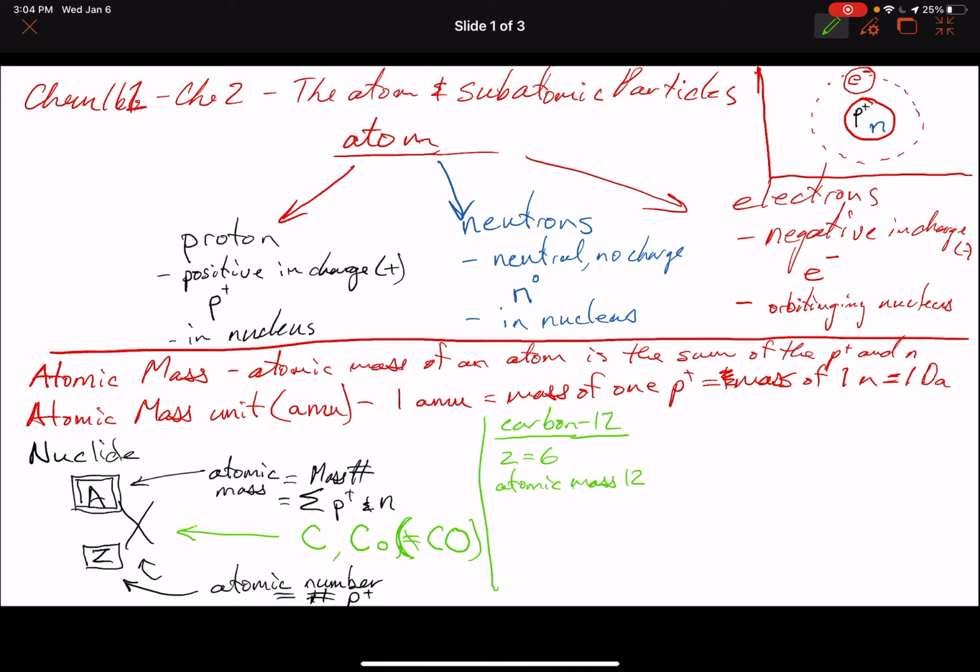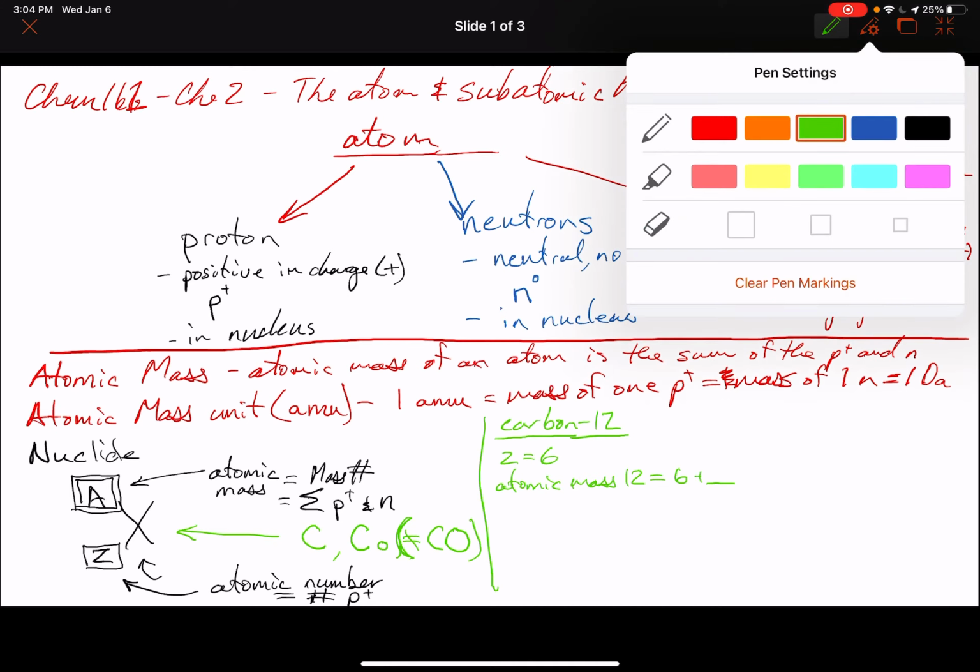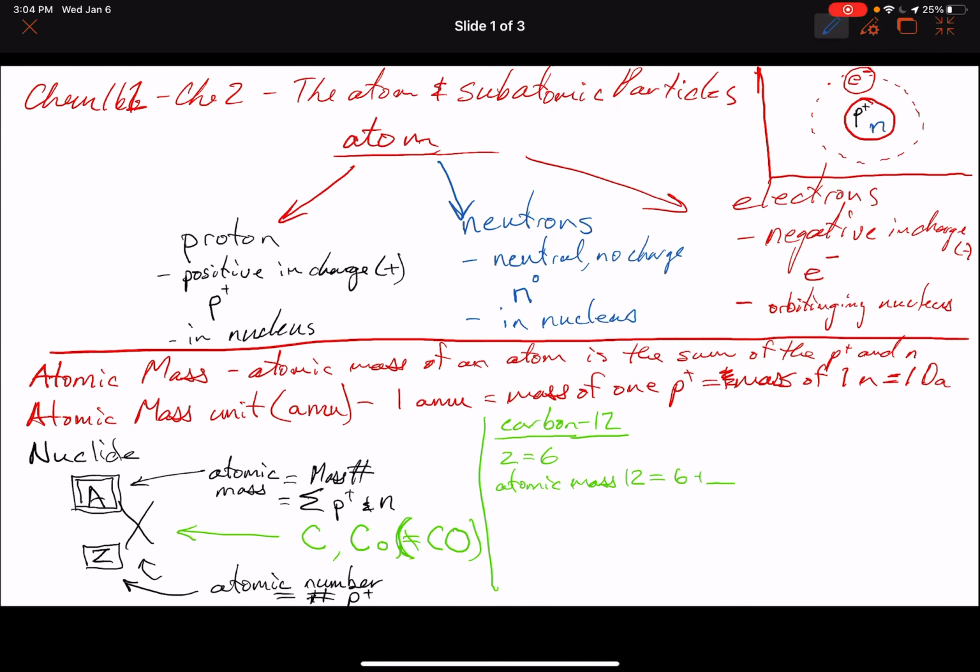So if that is 12, we have a little equation here: there has to be 6 protons plus an unknown to sum up to the 12. So what we learn here is that the number of neutrons must be 6.